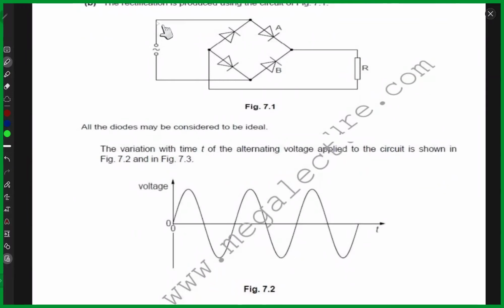Let's assume our current starts moving in this direction first, and then we'll flip the direction and check as well. It goes here, it cannot go in this part, so it goes over here, then over here. It cannot again go in this part because the diode restricts it, so it goes over here, and then it reaches the resistor R.